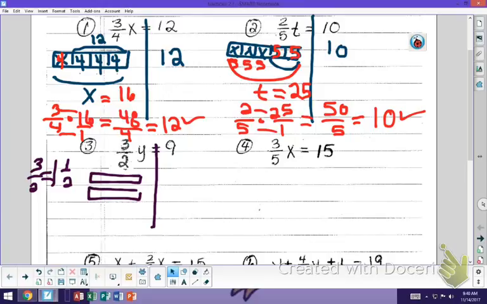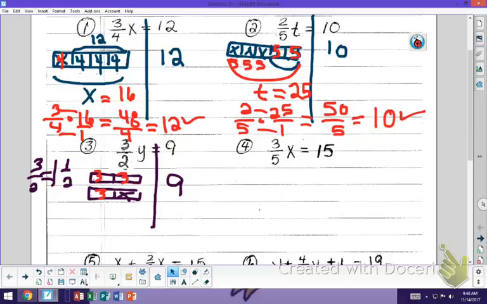And each of my rectangles has to be subdivided into halves because it's 3 halves. So I have 1, 2, 3, so I don't need that one. So I have 3 halves of y has to add up to 9. So each one of these would have to equal 9 divided by 3, which is 3.